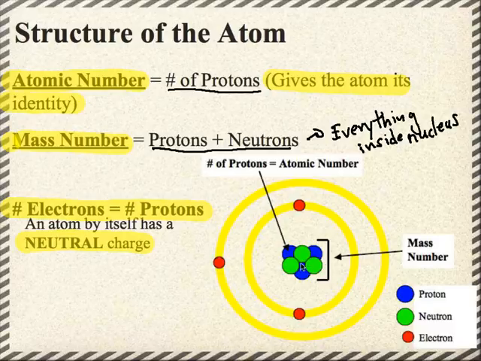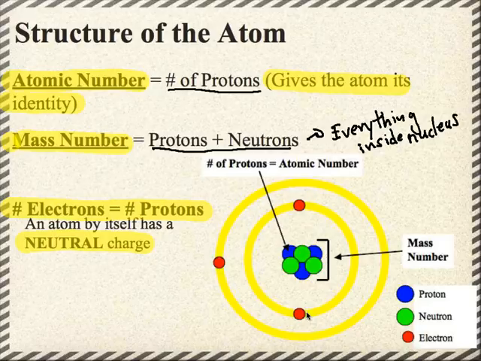In this case, if I have 3 protons, that means I have 3 electrons. Based off of what I saw before, protons are positive and electrons are negative. So if I have 3 positive things and 3 negative things, those charges cancel each other out, so it's going to be neutral.